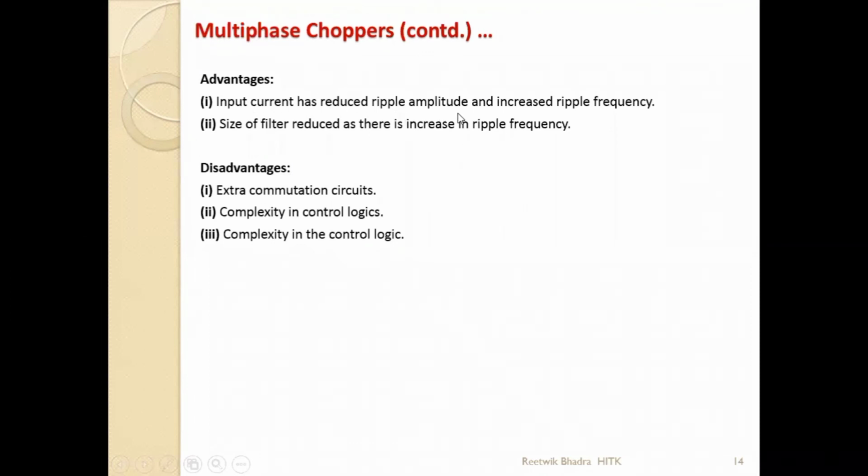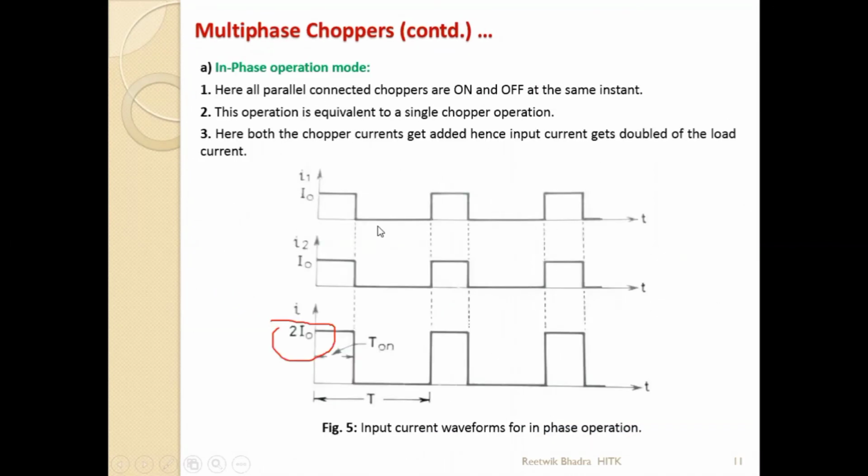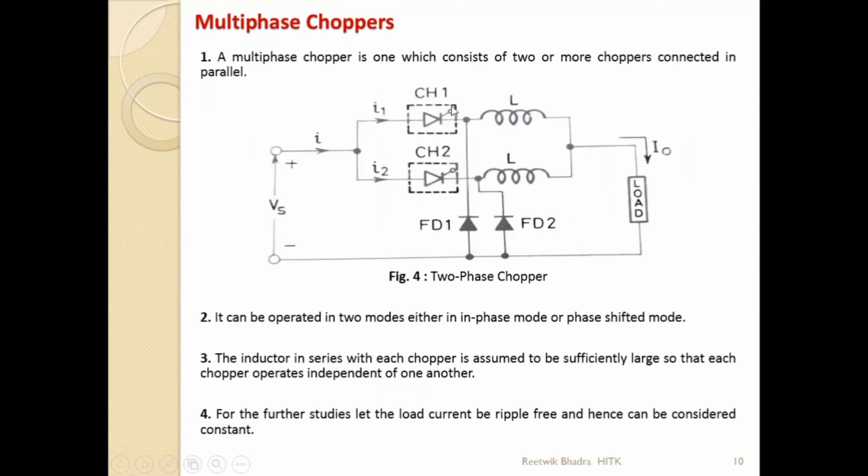But over here, the disadvantage is that an extra commutation circuit will be required. What is a commutation circuit? It is basically your switching off circuit. That is madam's part, I'll just tell you what happens. If you are taking a thyristor over here, the thyristor is turned on by giving a gate pulse, no problem. But in order to make it off, we have to bring the current through the thyristor below some value, that is called holding current.